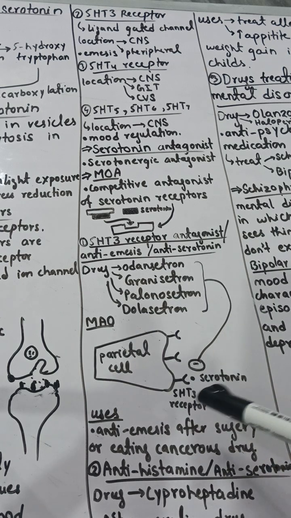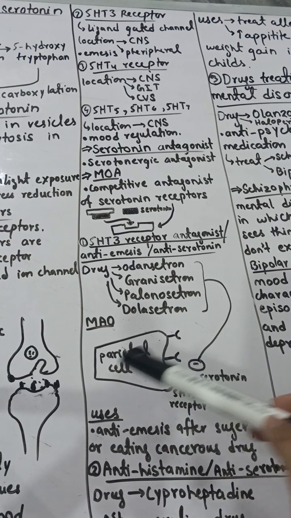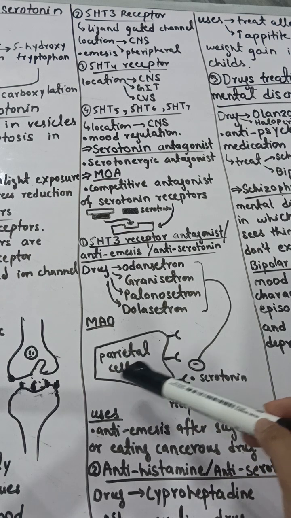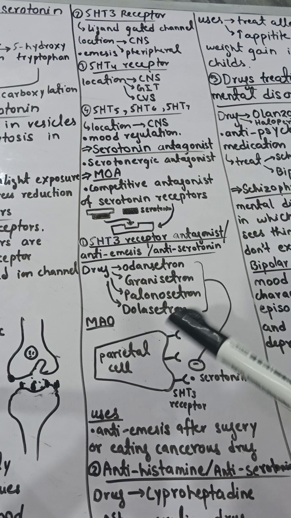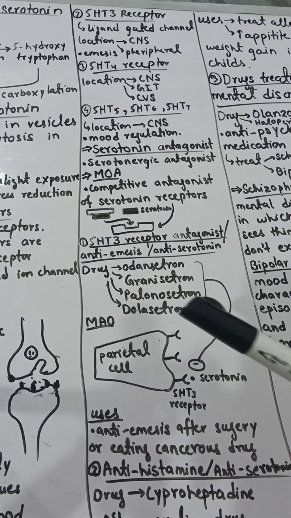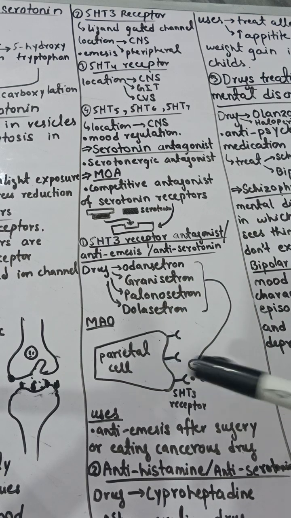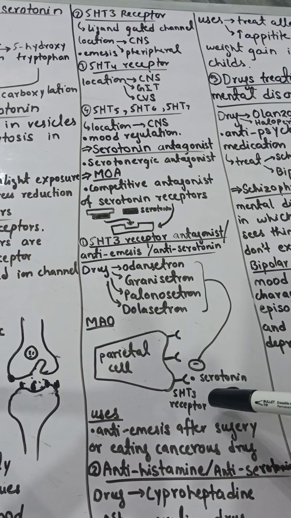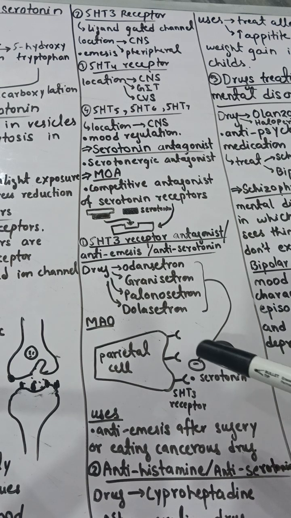In the parietal cells, this 5-HT3 receptor is present. Serotonin binds with it and causes emesis by sending signals to the brain's vomiting center, through which the vomiting occurs. Also on the CTZ area, these receptors are present, and there serotonin binds with it.